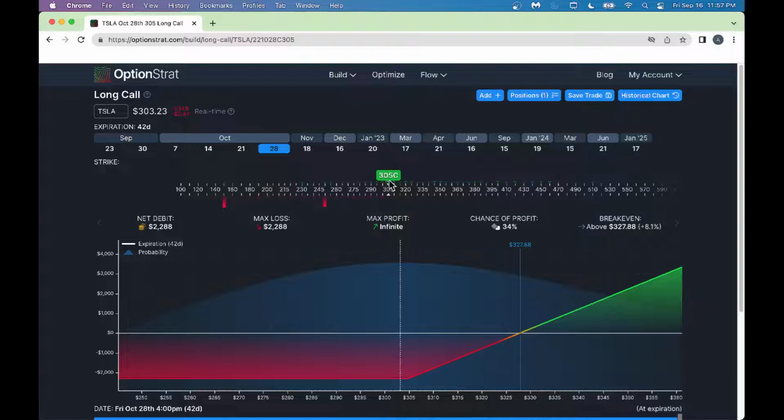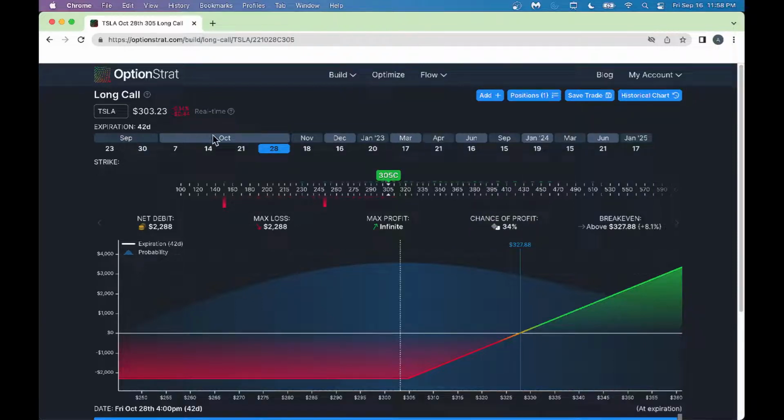As you can see here, 305 is out of the money. And look, Optionstrat tells you chance of profitability is 34%. So there is only a 34% chance you'll make money if you go with this. Also look, right now I'm selecting 28, which is 42 days out.